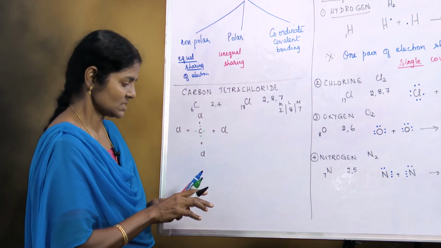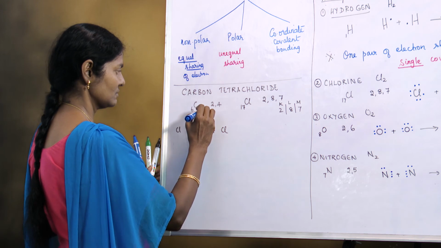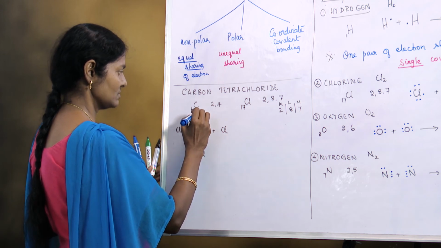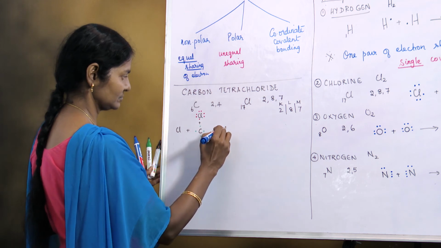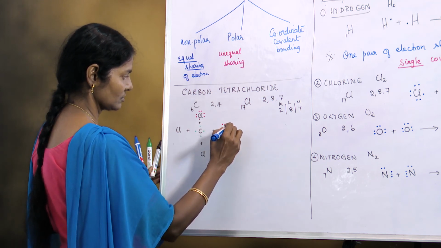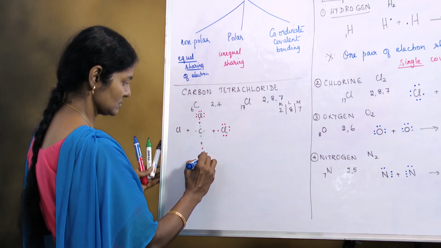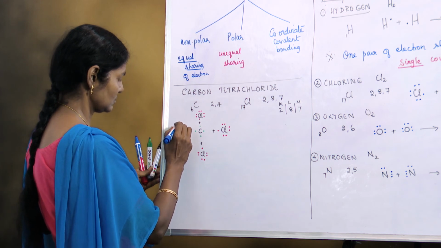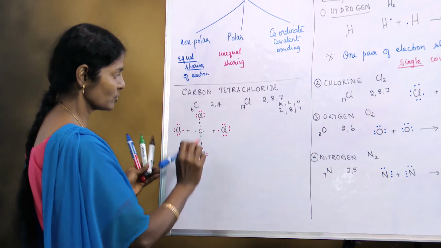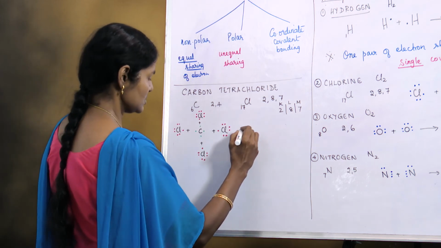Now these 4 chlorine atoms have 7 electrons in the outermost shell. Each one would have 7. So they need one more to become stable. So how does this go about?